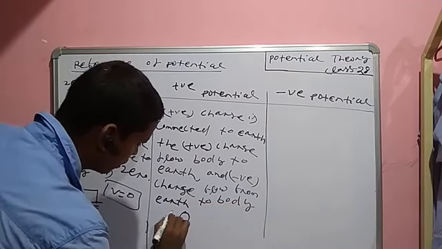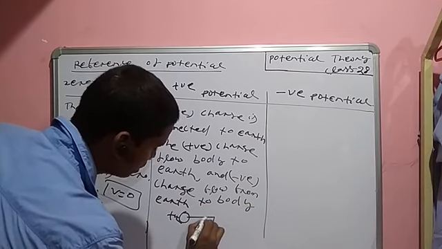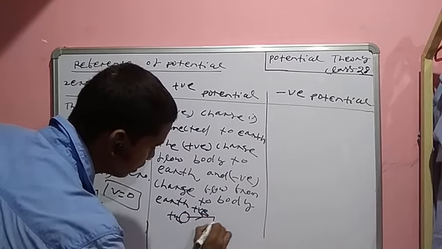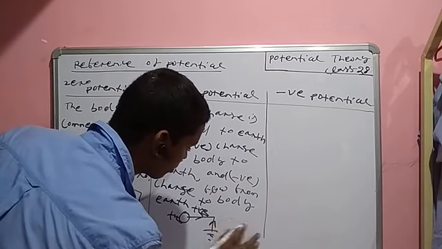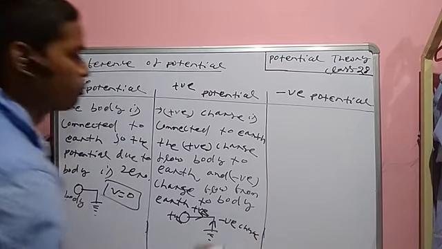You have to just remember this point. Whenever a positively charged body is connected to Earth, positive charge flows from body to Earth, and negative charge flows from Earth to body. You have to remember. Yes or no?